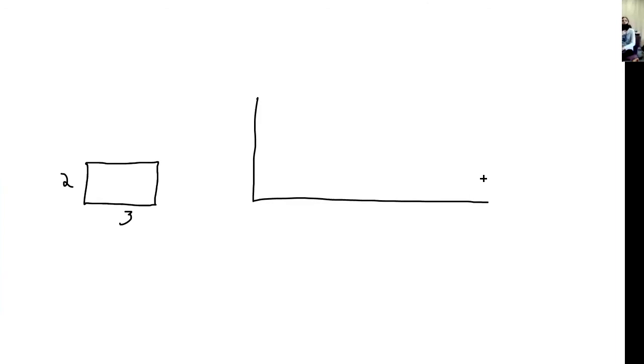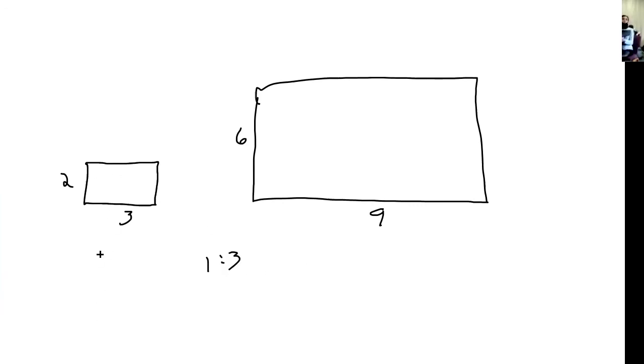So let's say we've got a 2x3 rectangle, and then we've got a bigger one, a 6x9 rectangle. So basically the scale factor is 3, right? You're just multiplying by 3.